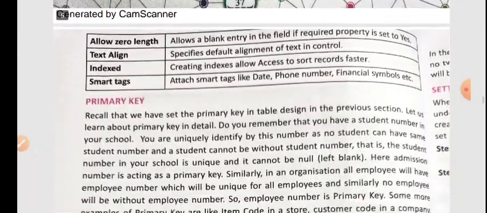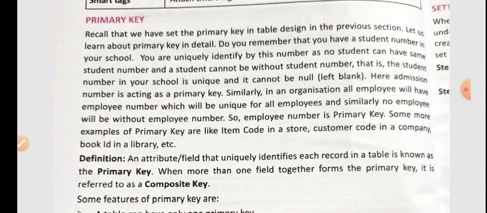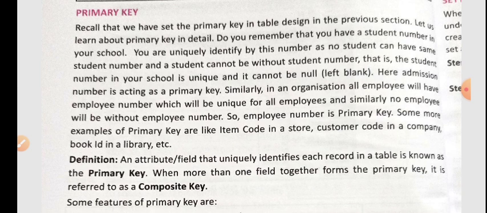Now here is the definition of the primary key, as I had discussed earlier: the primary key is a field that always takes a unique value, the value in the primary key cannot be repeated, and the primary key is used to easily identify a record between two similar records.